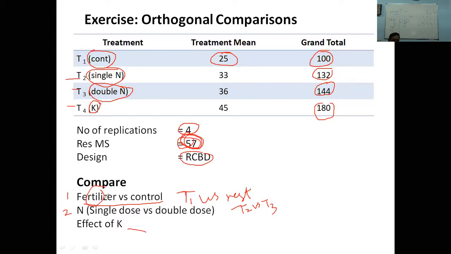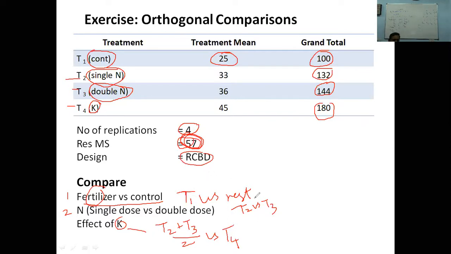The last one, effect of K, we compare T2 plus T3 versus T4, because we want to see the effect of K. That means we have to compare whether this K is better than N, could be single dose or double dose, the average of N. Right?